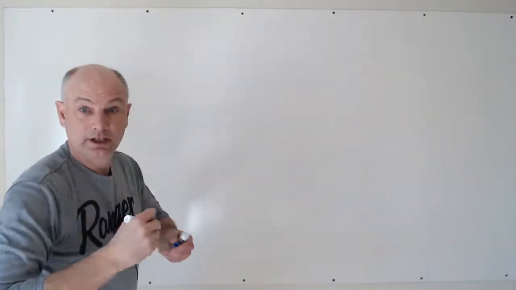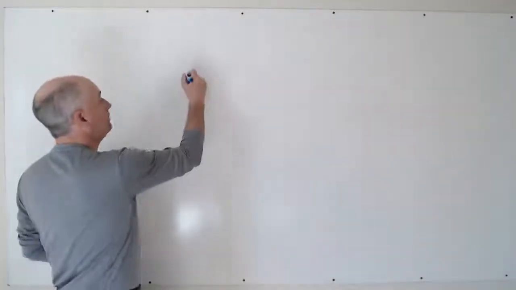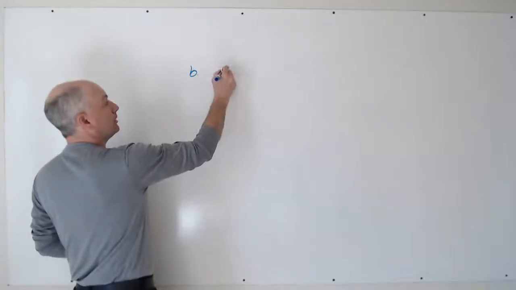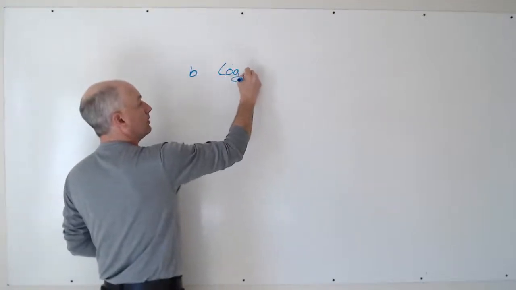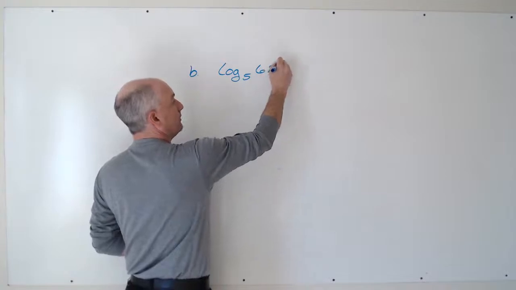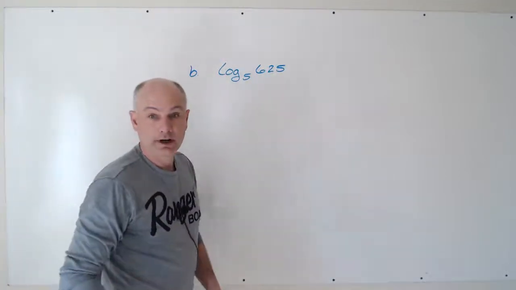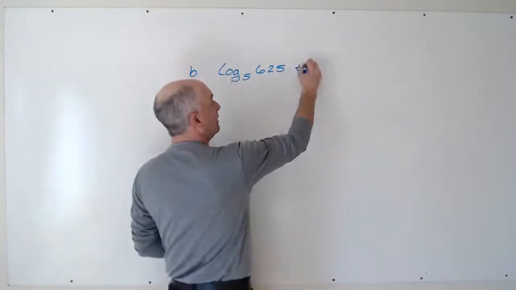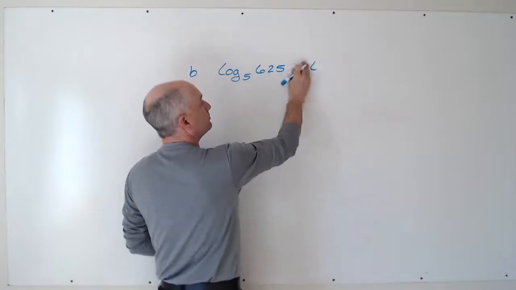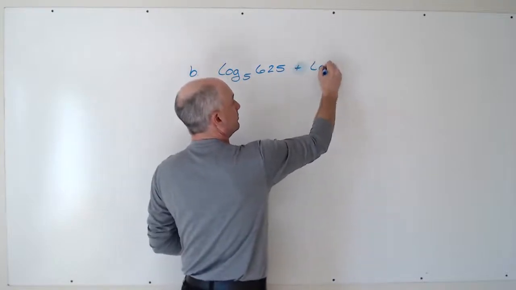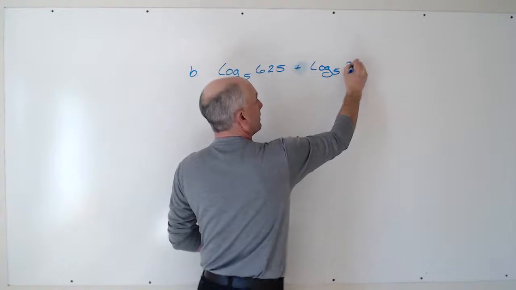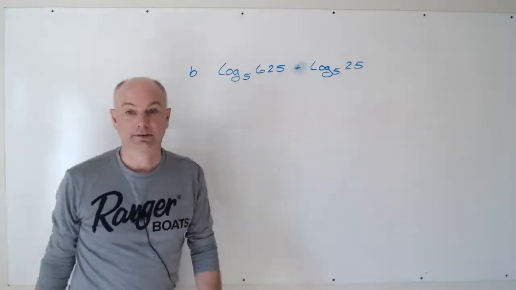So in the second one here, we have log base 5 of 625, and we are adding log base 5 of 25.